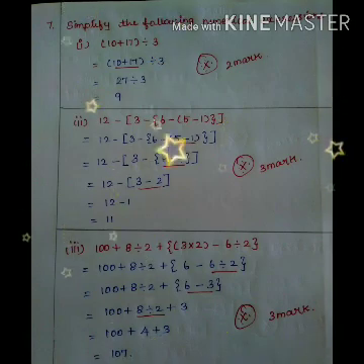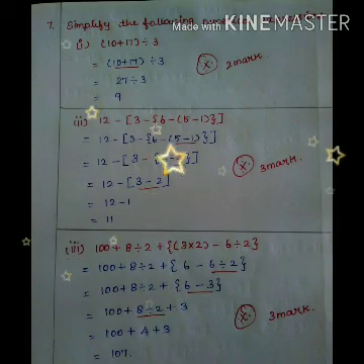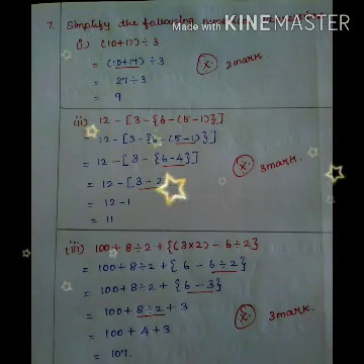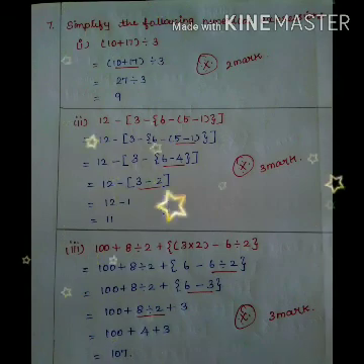Suppose they give a bracket, then first we want to complete the bracket portion only. Here also they gave one bracket, 10 plus 17. First we want to complete the bracket portion only.